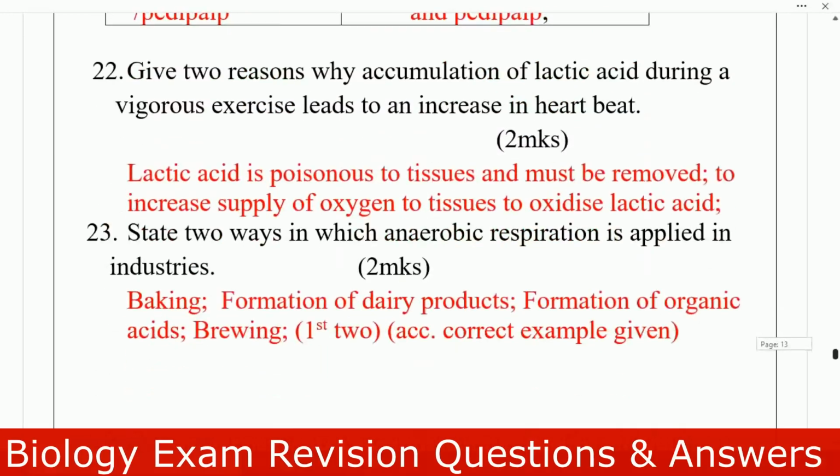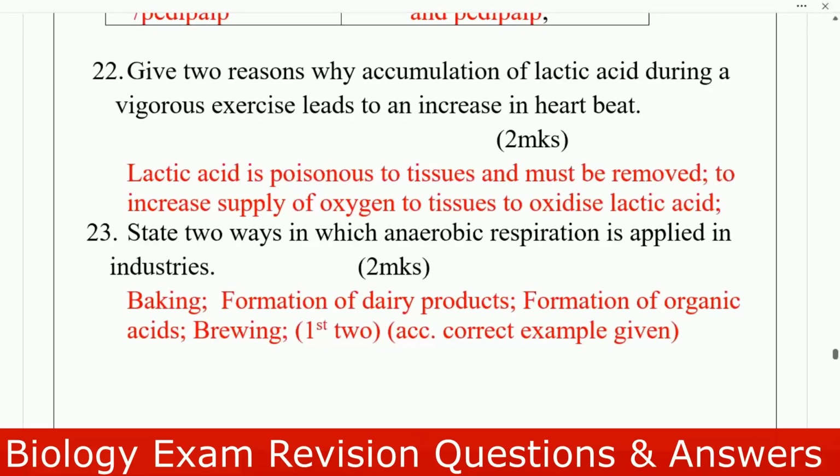Number 22. Give 2 reasons why accumulation of lactic acid during vigorous exercise leads to an increase in heartbeat. Lactic acid is poisonous to tissues and must be removed, to increase supply of oxygen to tissues to oxidize lactic acid. 23.